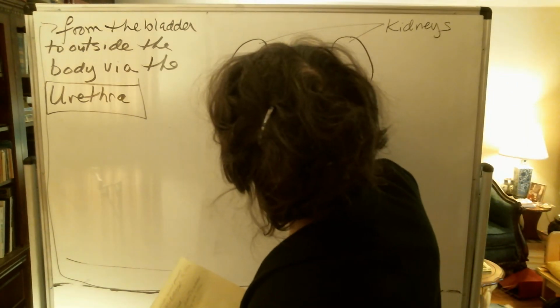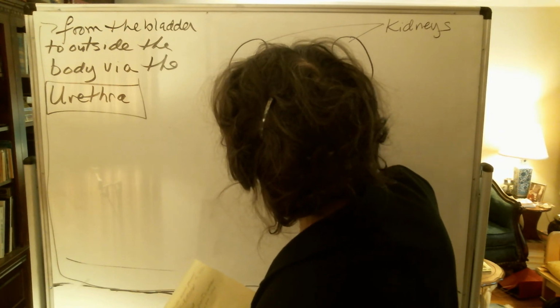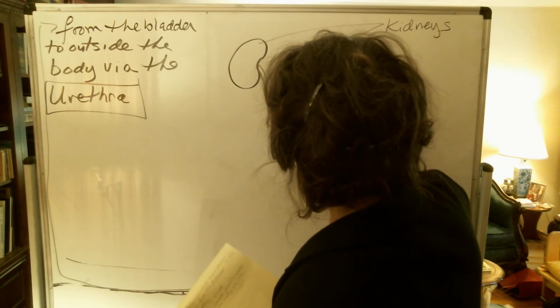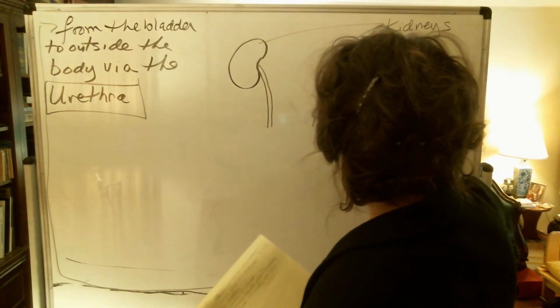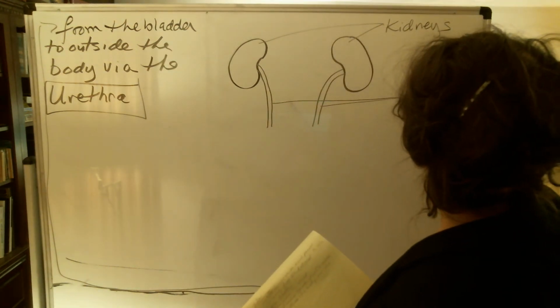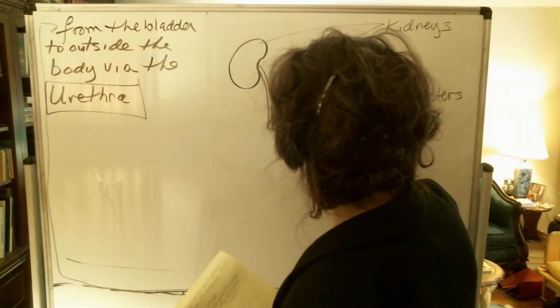And then out of each kidney is a tube, not drawn to scale here, but these two tubes then are your ureters.